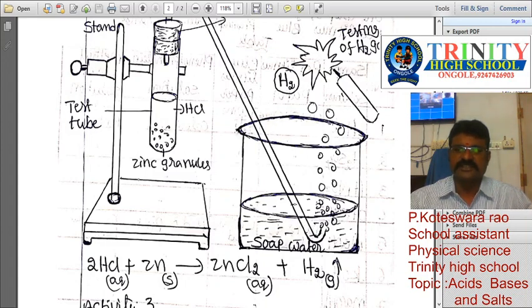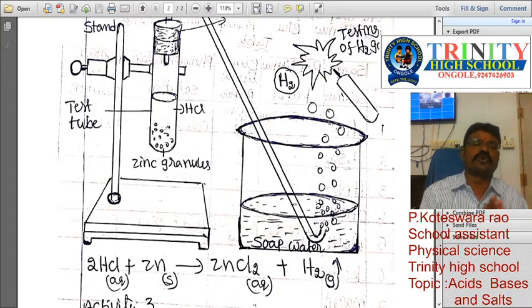So if you draw the diagram and write this balanced equation, then we can easily get full marks in questions. What is a one mark or half mark question? What happens if zinc reacts with hydrochloric acid?